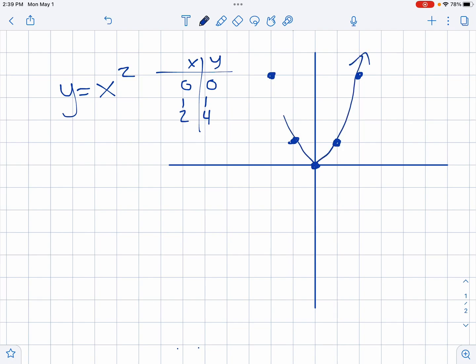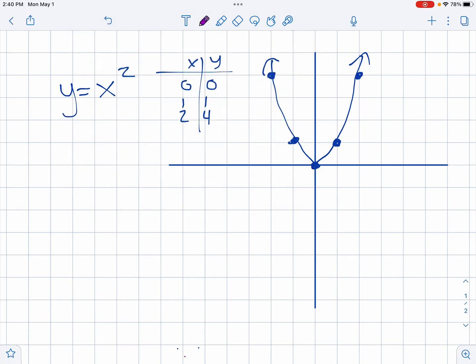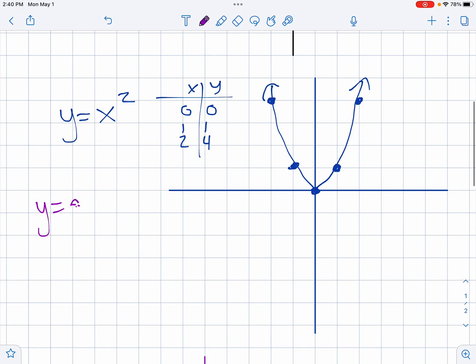So we're going to manipulate this parent function, which kind of goes into what happens with vertex form. So let's look at vertex form. Vertex form, we had y equals a times x minus h squared plus k. So we know that the original parent function starts at 0, 0, which means when we look at that vertex form, this h shifts left and right.